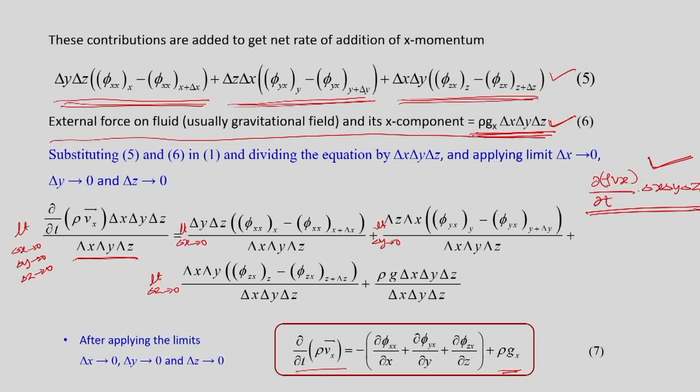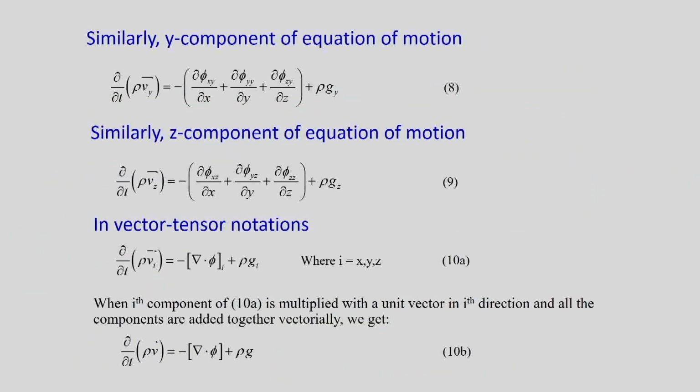So, this is the x momentum equation in the Cartesian coordinate system having only gravitational force as external force. Now similarly we can write the y component of the equation of motion. You do not need to derive it, you can do it similarly.